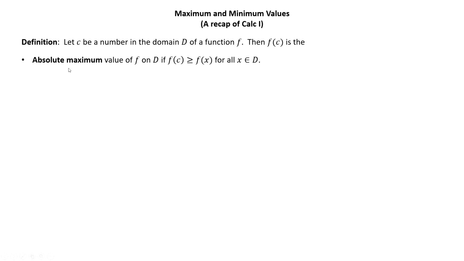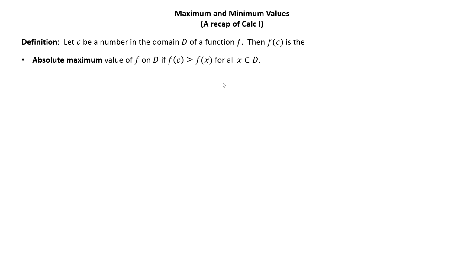You can say that is the absolute maximum value of that function f on that particular domain if it so happens that f of c is bigger than or equal to every other f of x, for all x in the domain. That kind of makes sense, right? Where is the absolute maximum of this function?